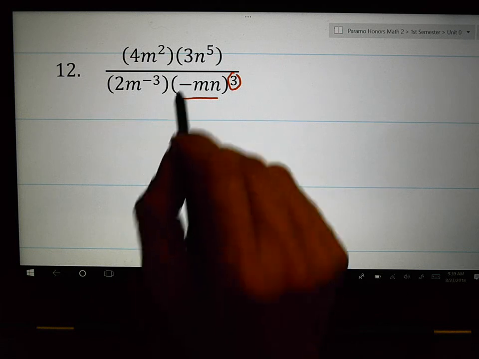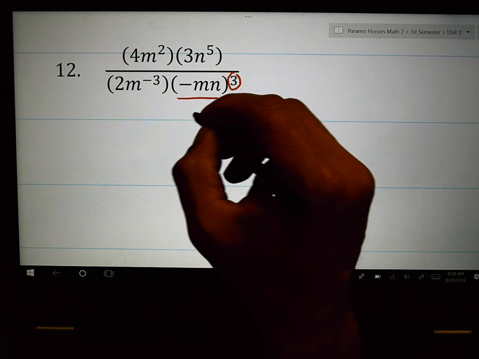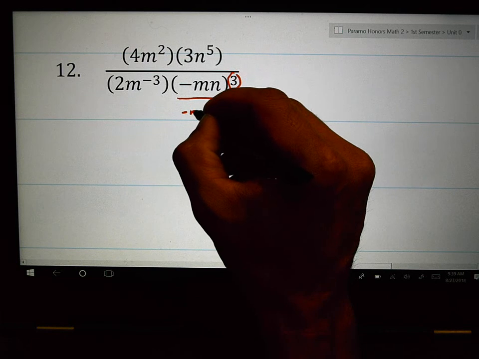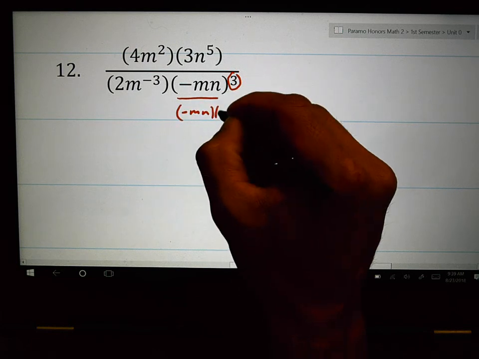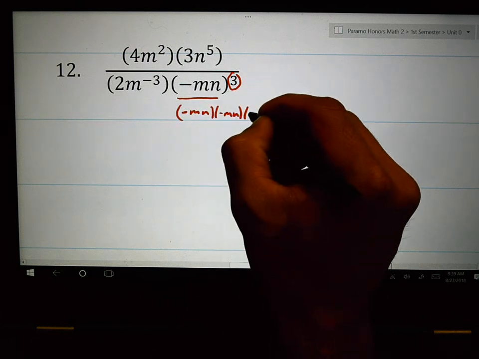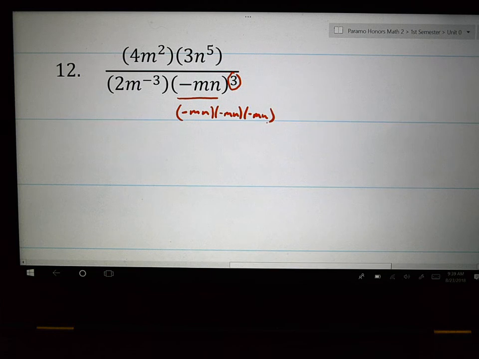This negative that's there, I'm going to write out 3 groups of these. Just write down here, negative mn times another negative mn times another negative mn, just so you know what it means.